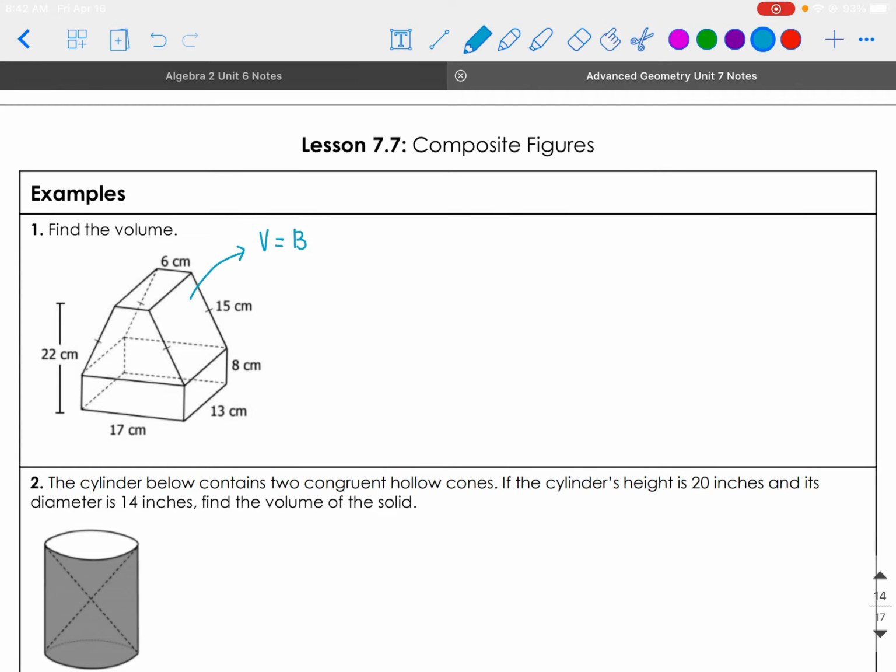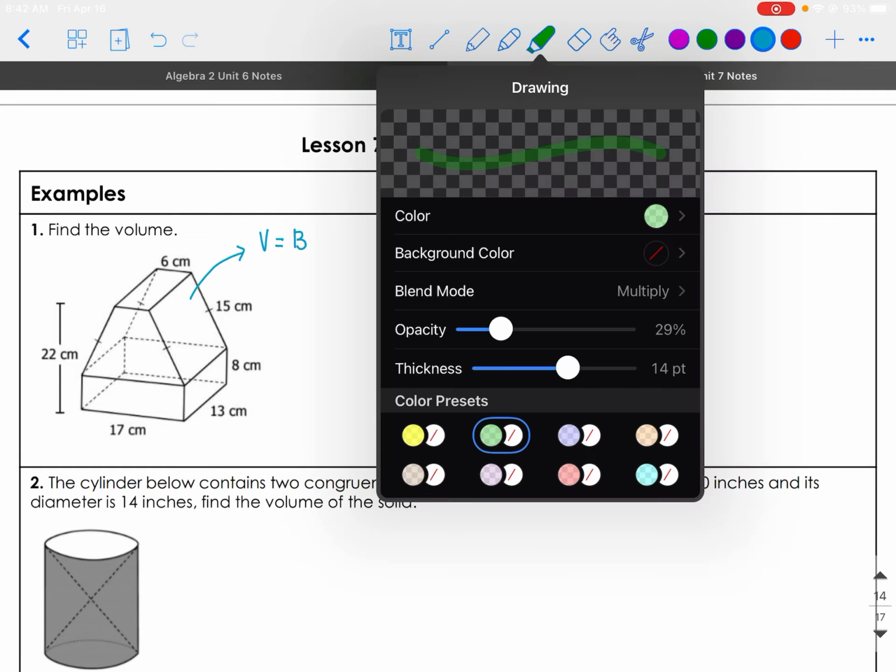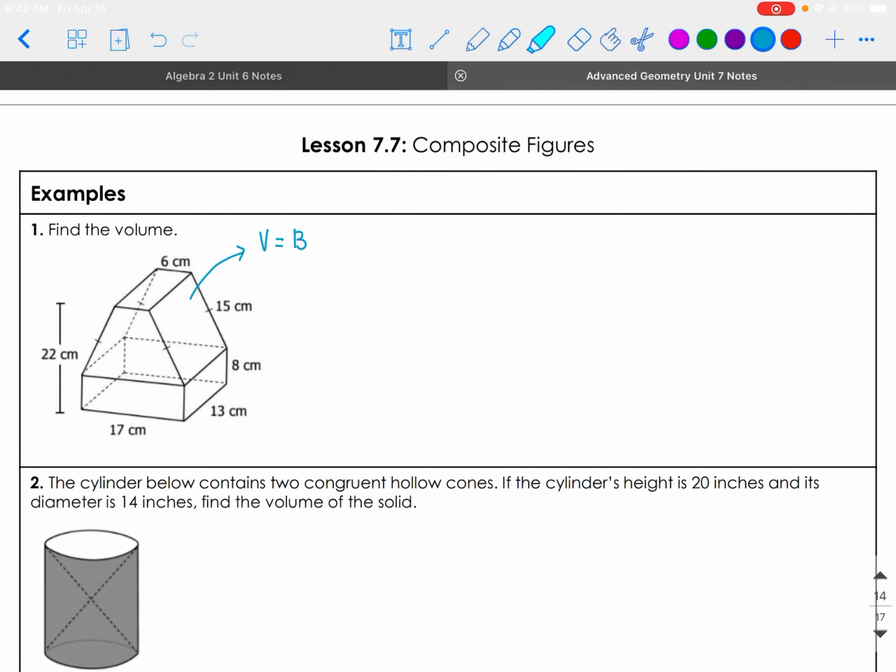So volume is the area of the base, which in this case is the trapezoid. So this is my base. And then we will need the height of the prism. Now remember, the height is the length from base to base, which is 13.